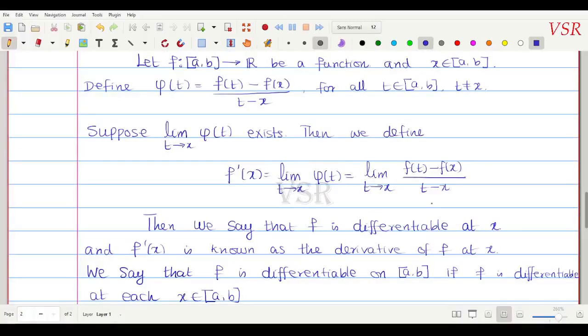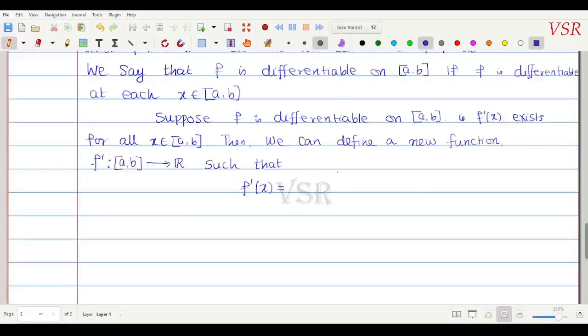So we have defined the function like this: f dash of x is the limit of t tending to x of f of t minus f of x divided by t minus x. This function is called the derivative of f, and f is called a differentiable function.